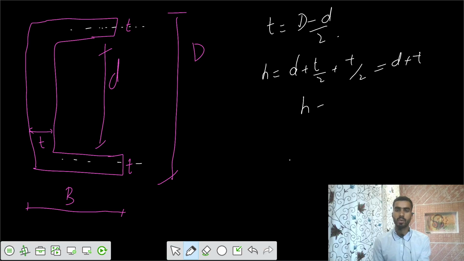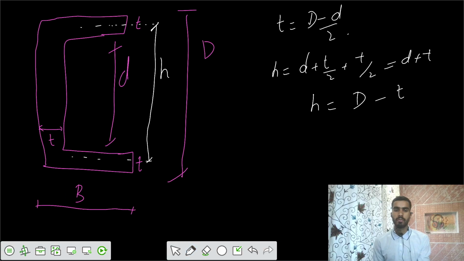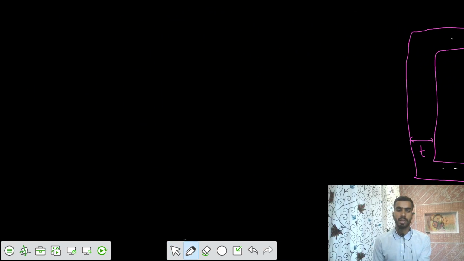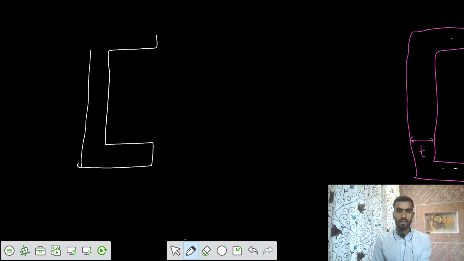Or we can say h equals capital D minus t. So we directly take that center to center distance that we represent as h. So we can finally make the diagram that looks like this. We have this diagram.